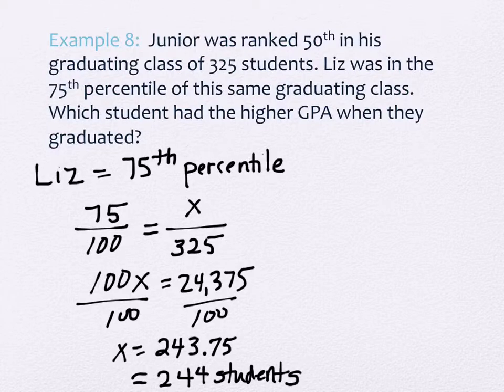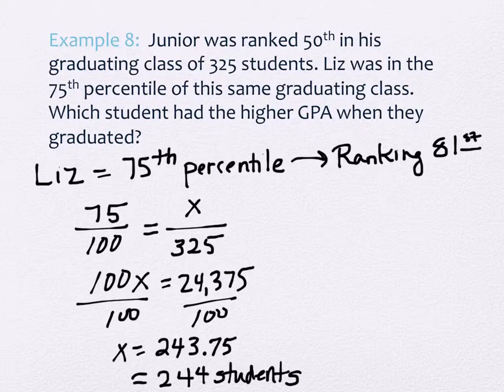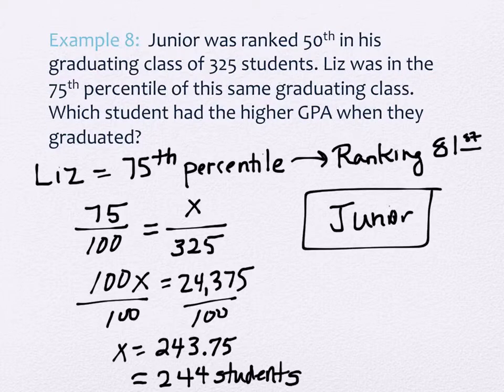So we need to know the number of students above her, though, to know her ranking. So we can take the 325 minus the 244, and we would say that Liz's ranking is that she is 81st. So she's 81st. Junior, he was 50th. So the answer is actually that Junior has the higher GPA. And that's the answer to our question because Liz's ranking is 81.